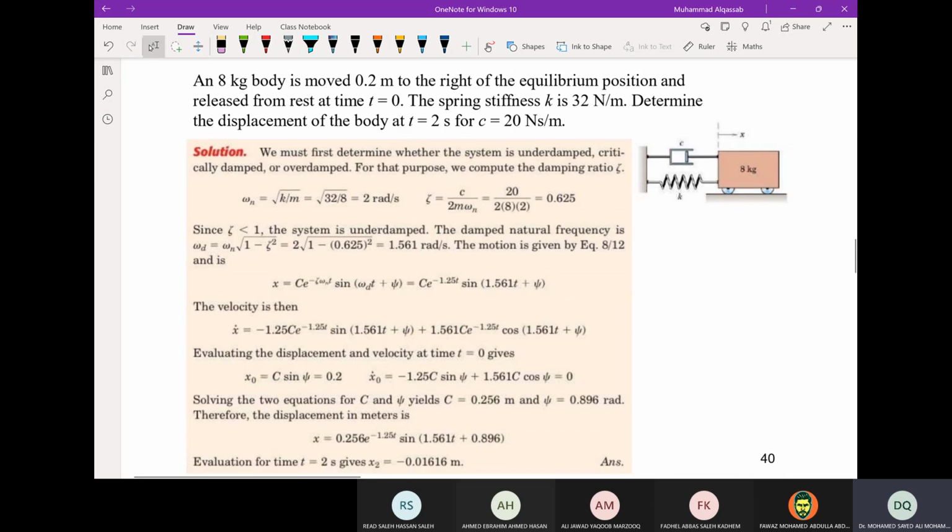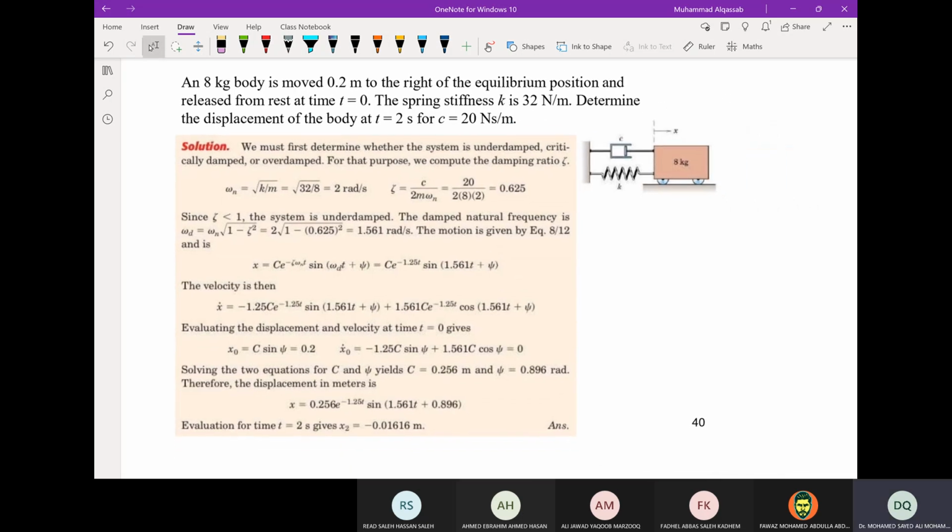I added this example. So, in summary, there are three cases, three damped systems. The equation of the response depends on zeta. So we cannot find the response before finding zeta. You cannot find the frequency of oscillation before finding zeta.